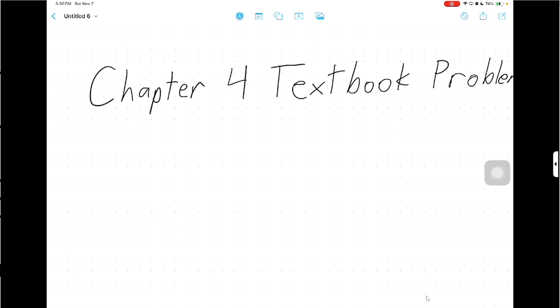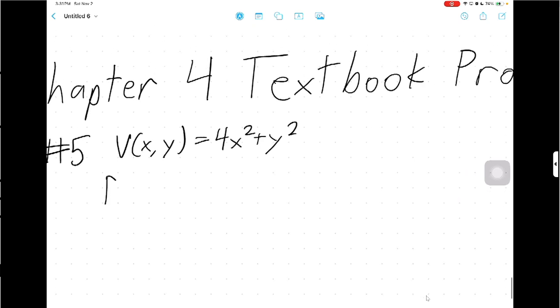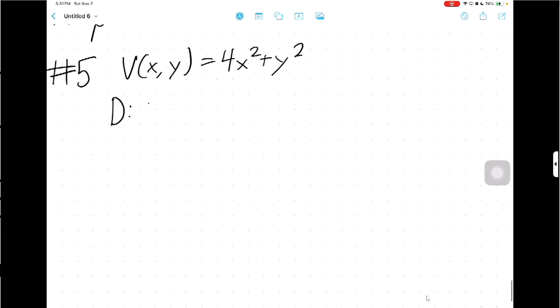Alright, 4.1. We're going to start with number 5, which asks us to find the domain of the function given. Here the domain is just going to be R2, since polynomials are defined everywhere.